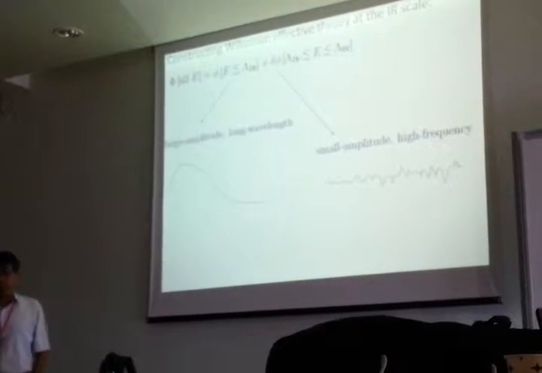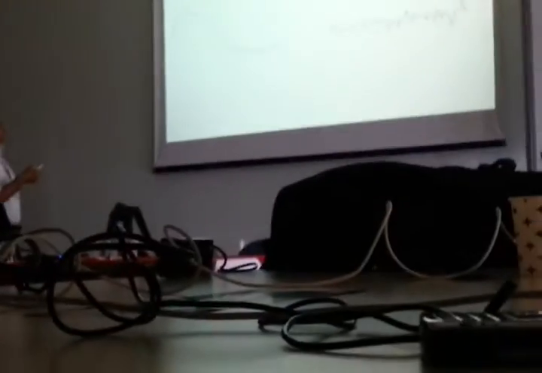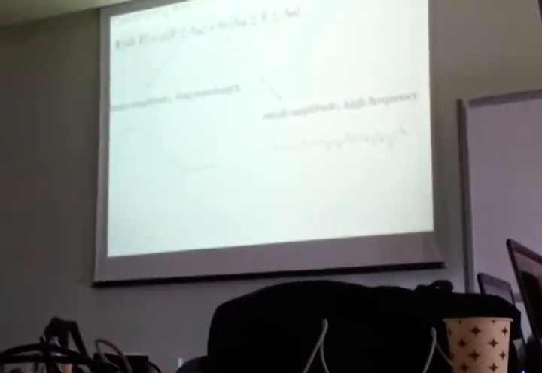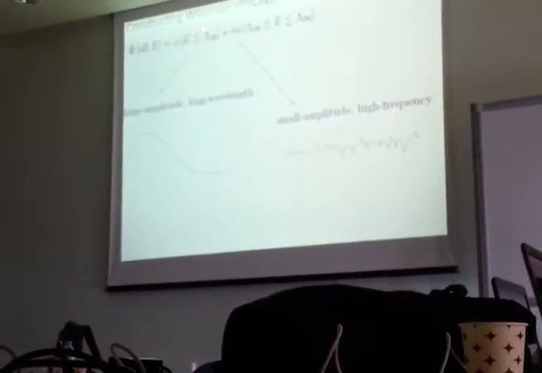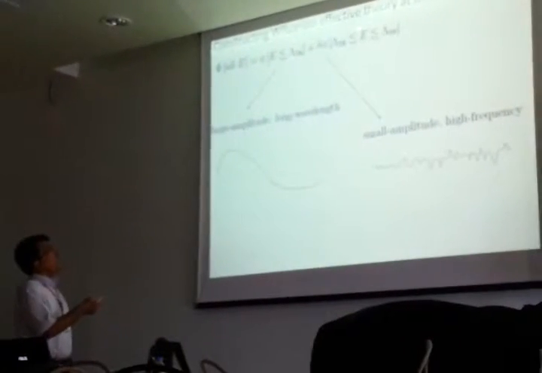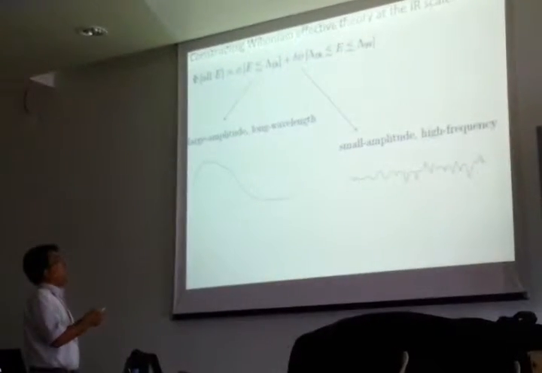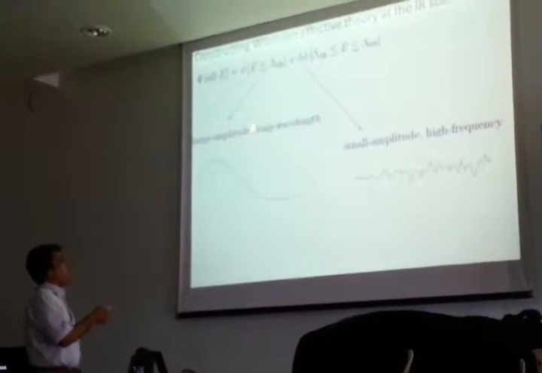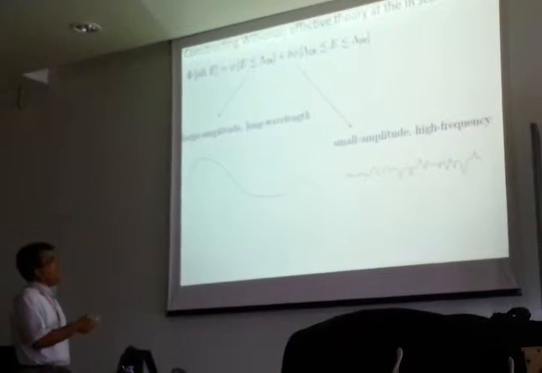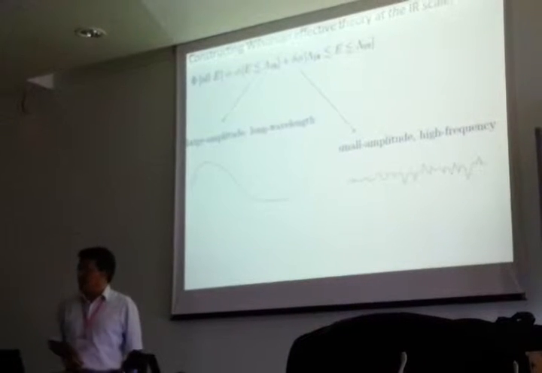Here, our field is a scalar field, and we are trying to construct a Wilsonian effective field theory at the scale Λ_IR, so there is a long wavelength, slow field part here, and there is a fast part, or short wavelength part here. This part has large amplitude and long wavelength, like this, and this part has small amplitude yet high frequency, like this.